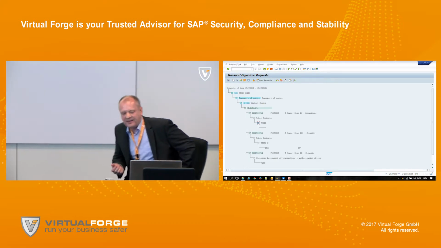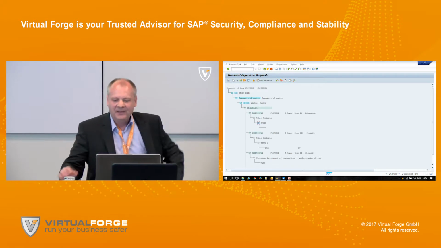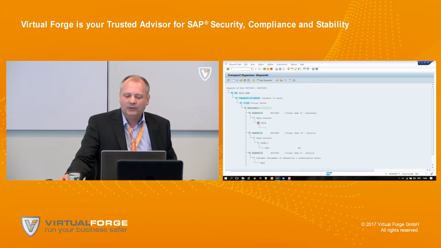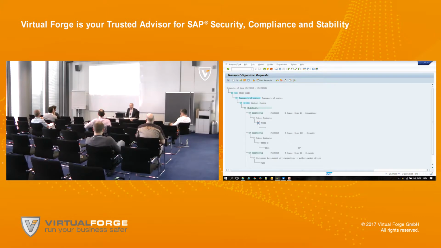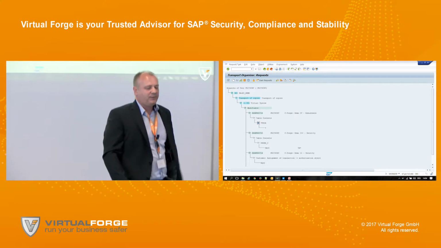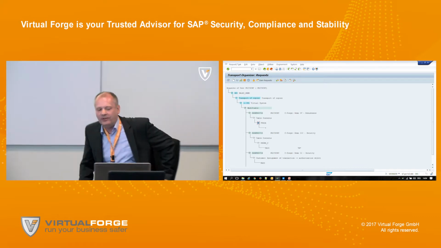And as a last example, we have one system where we have SNC enabled with single sign-on. It's D66. If I log in here as Peter, you see it's my user, it's the user from Peter, and I just have to specify the login language.